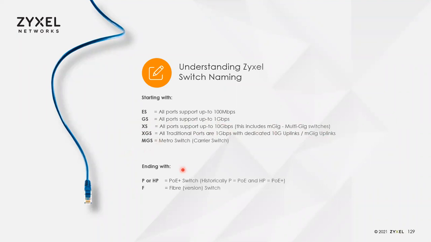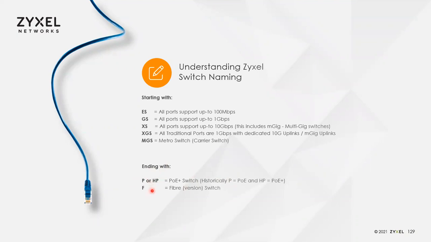When you're looking at the model number, you will often see a letter at the end. If you see P or HP, it's telling you it's a PoE device. If you see just P, it's the standard 802.3af, the old 15.4 watt maximum PoE. I'm not sure if we've got any switches that still only offer that. We may have phased them all out here in North America.